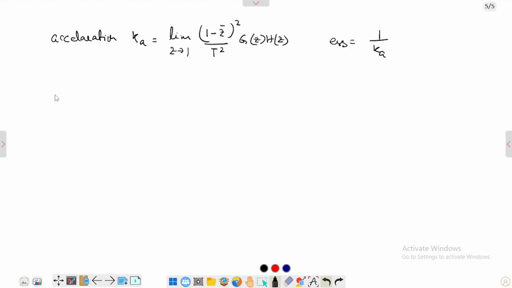So I will first find out the position error constant. What is my Kp? Just a few minutes back I wrote that Kp is equal to limit z tends to 1 of G(z)H(z). My H(z) is 1; it's already given in the problem.